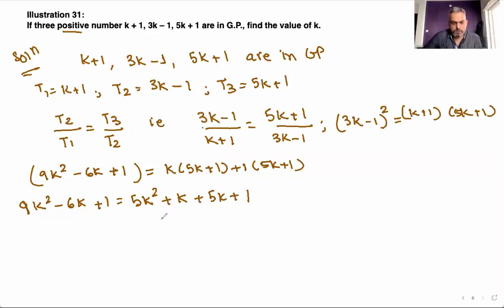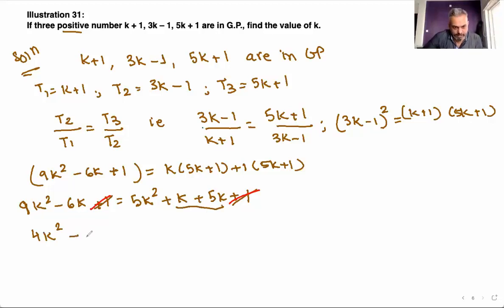Now let's solve it. Plus 1, plus 1 cancel. Now 9k square minus 5k square is 4k square, minus 6k, and over here plus 6k.